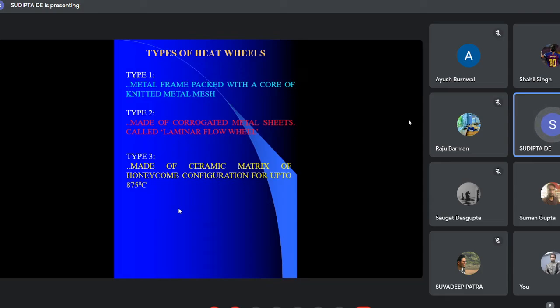Type 3 is a costlier option, but with better heat transfer characteristics, and hence is preferred for significant amount of waste heat recovery at a higher temperature.